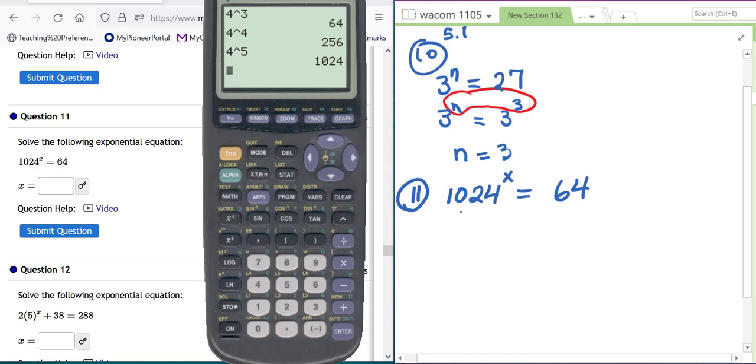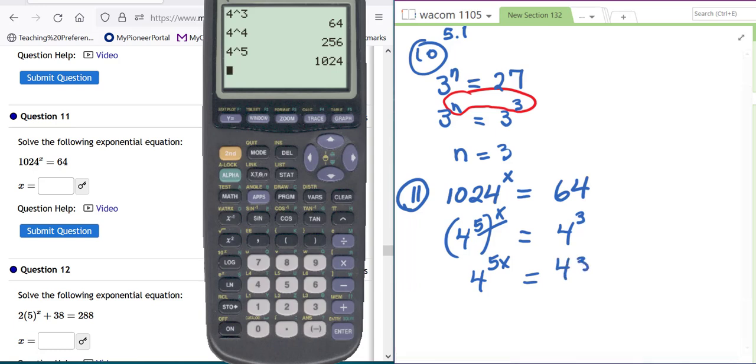So 1,024 I'm rewriting as 4 to the 5th to the x, and 64 I'm rewriting as 4 to the 3rd. Right here you have power to a power. So you have 4 to the 5x equals 4 to the 3rd.